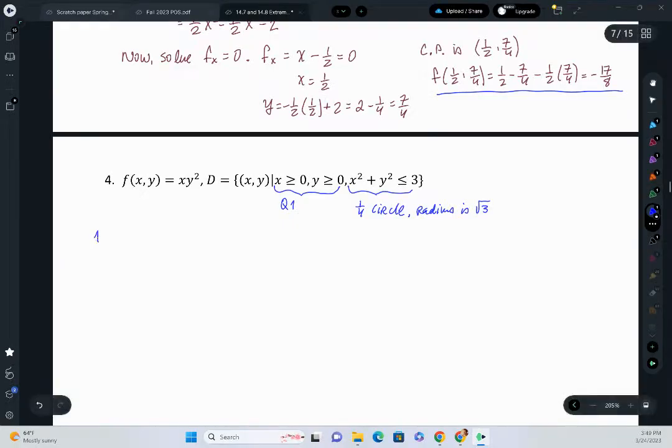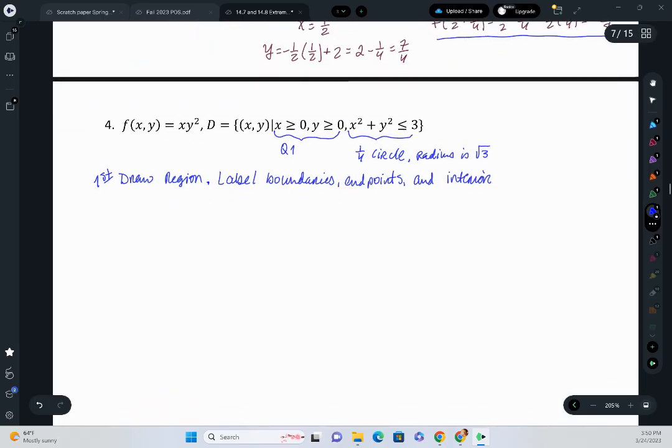Okay, so first, draw a region and label boundaries, endpoints, and interior.